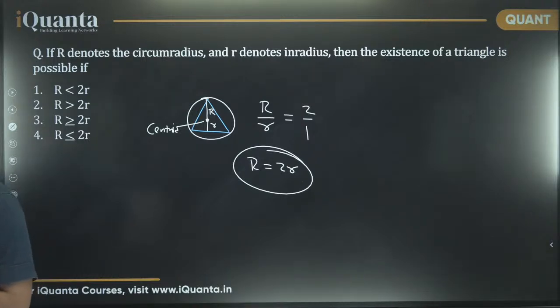That's fine. So what can we deduce from it? One thing is sure, that circumradius can be double of inradius. That is something which we're sure of, isn't it? We're sure about these two things. That essentially means that the first two options can be eliminated.